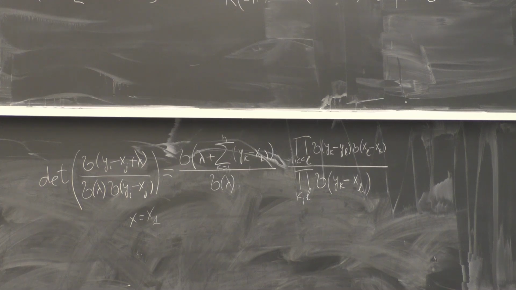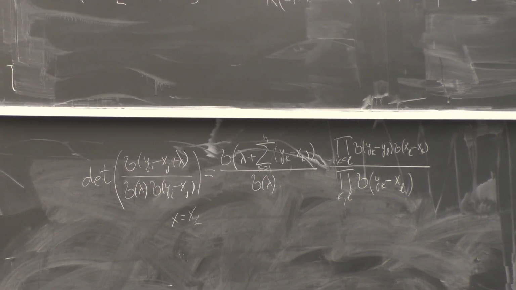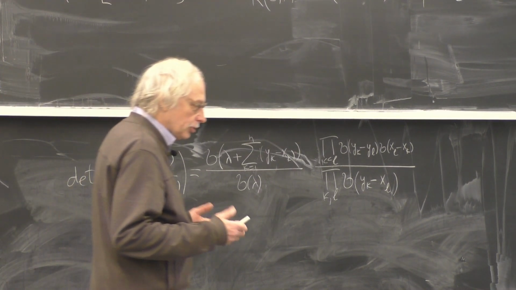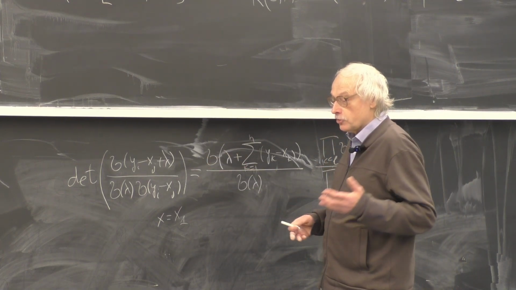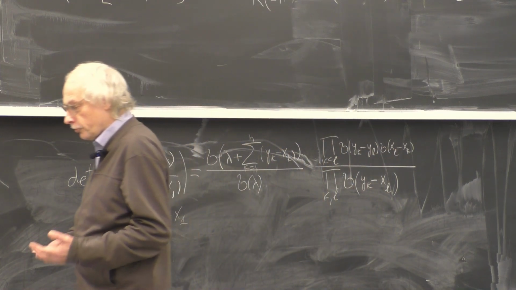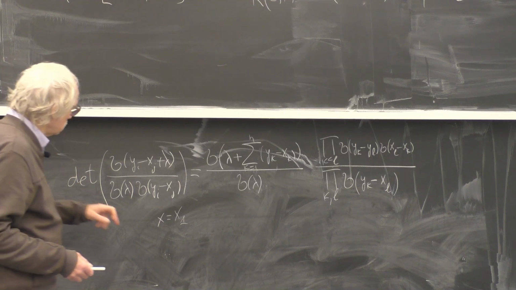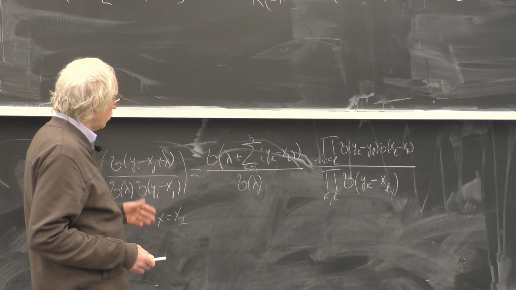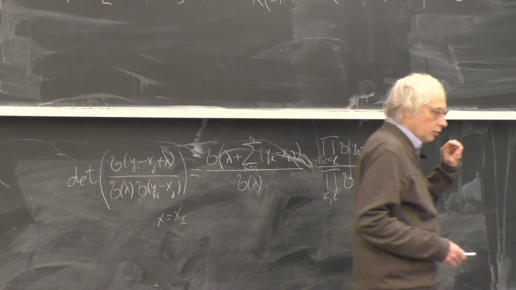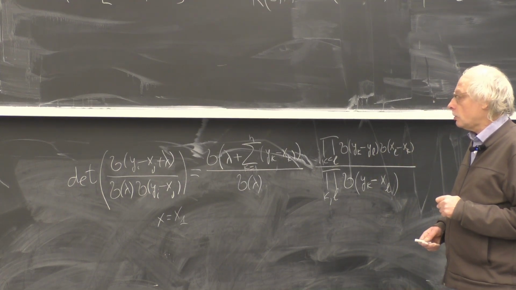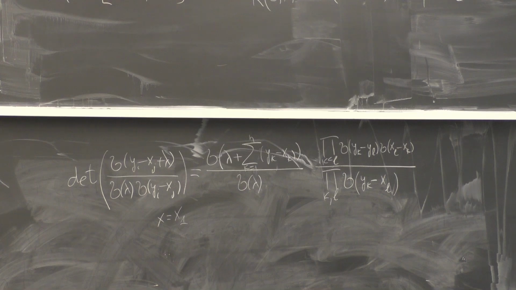However, the left-hand side is symmetric under the permutations of all arguments. So this means that this function doesn't depend on all arguments. So it is a constant. And this constant can be found by putting this argument to some value or expanding this function near some special point. It is not a very complicated problem.